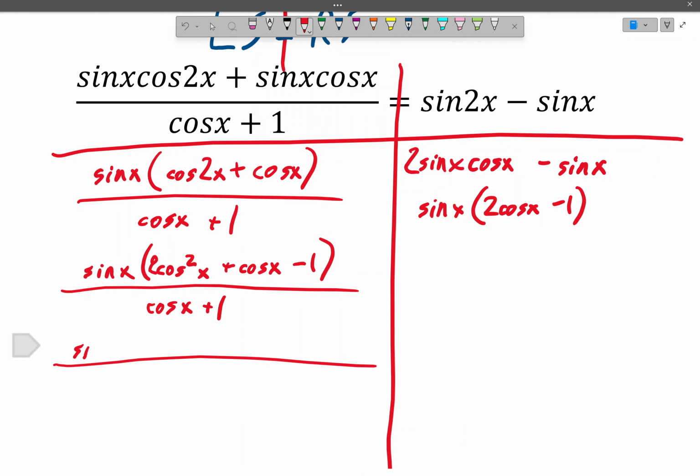So we're going to keep everything else the same, but we're going to have the numerator have that PSA 2 statement. So it's going to be 2 cos x, and on the other side it's going to be cos x, and then one side is going to be minus, one side is going to be plus, and we need to get a 1, so it's got to be 1, 1.